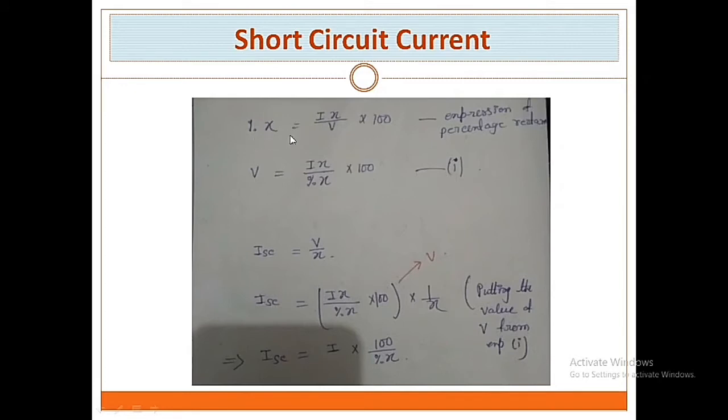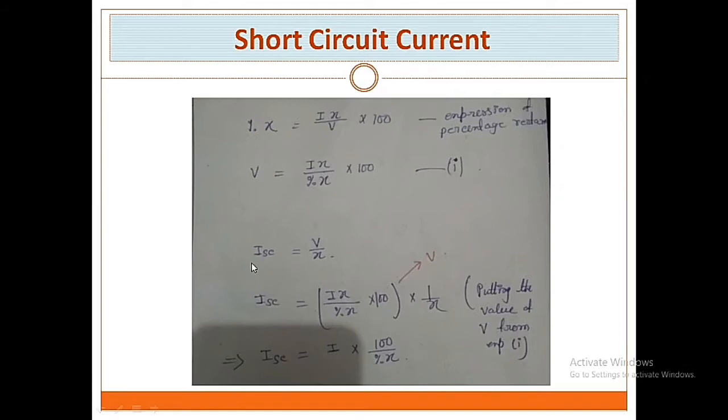See, percentage reactance equals Ix by V into 100. This is the expression of percentage reactance. We have discussed it. Now, from this equation, what is the value of V? V equals Ix by percentage X into 100. So, what is short circuit current?